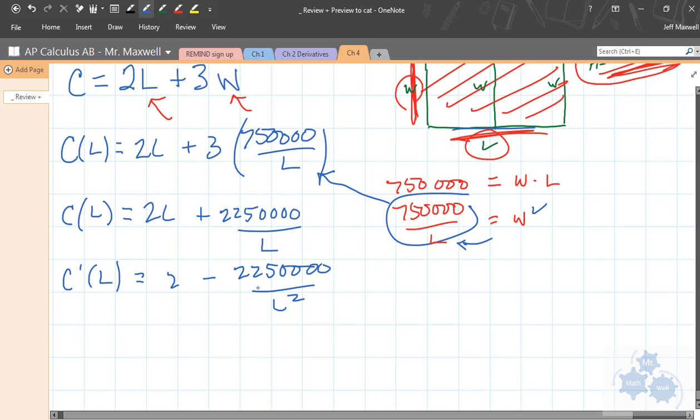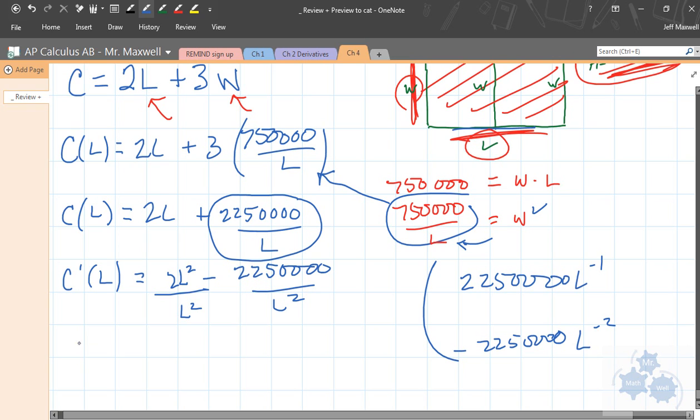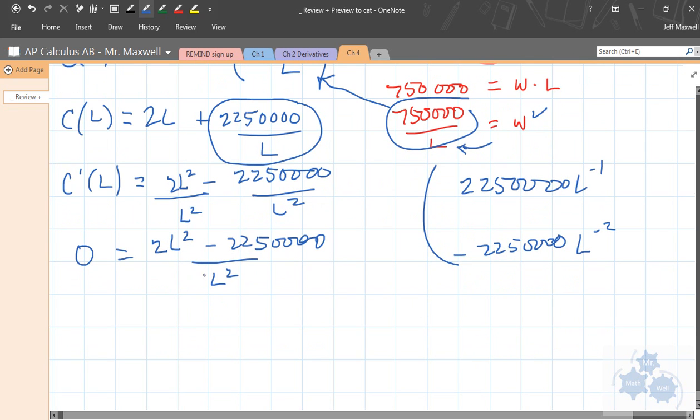And now what we need to do is let this equal 0 and solve for L. I've just made this a common denominator here. So we have 2L squared minus 2,250,000 all over L squared. Now here's another little shortcut, you guys.